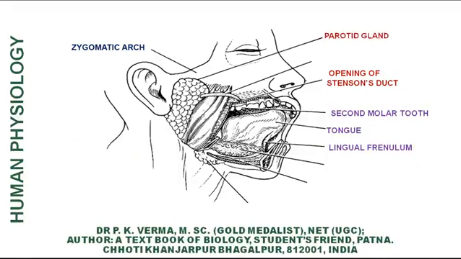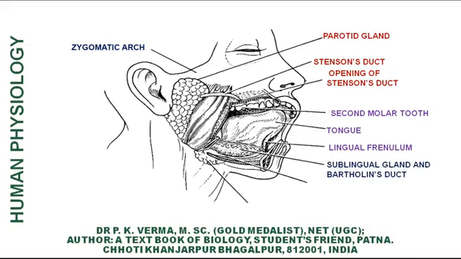The uppermost is the parotid gland, just in front of our ears, behind the buccal cavity. Its duct is called the extension duct that opens in the upper jaw. The second one is just below the tongue.